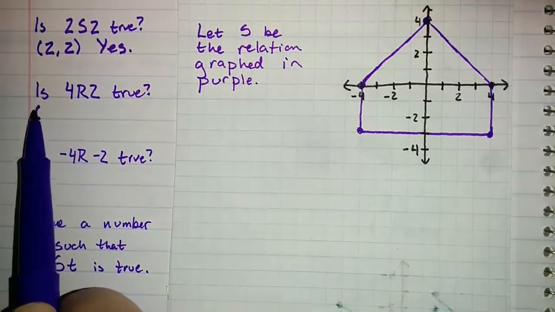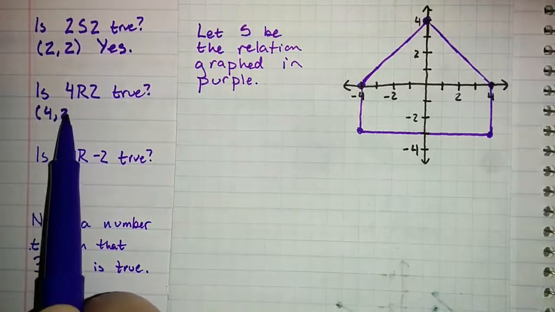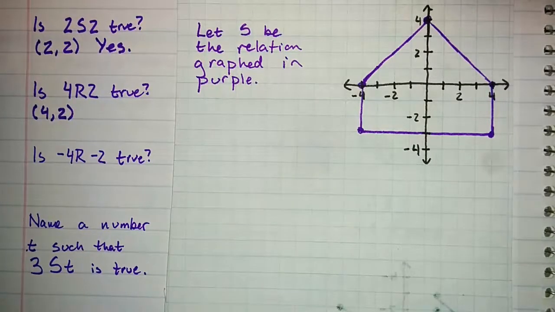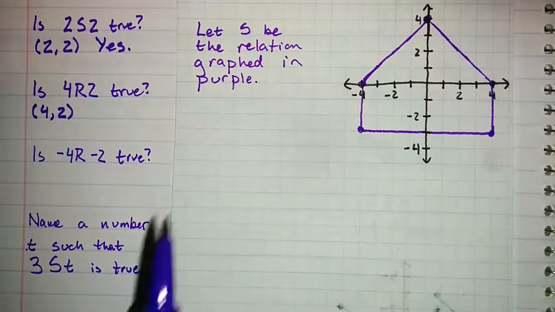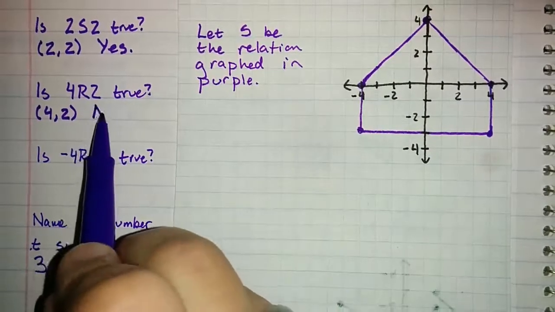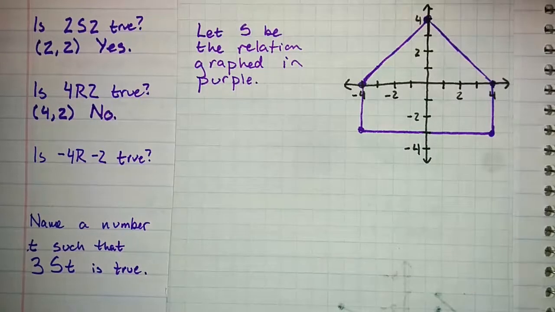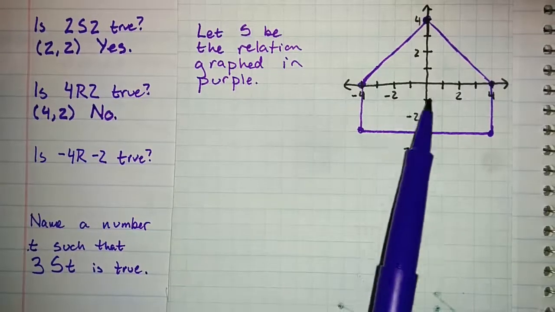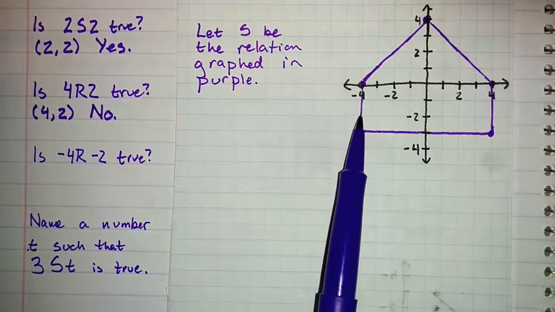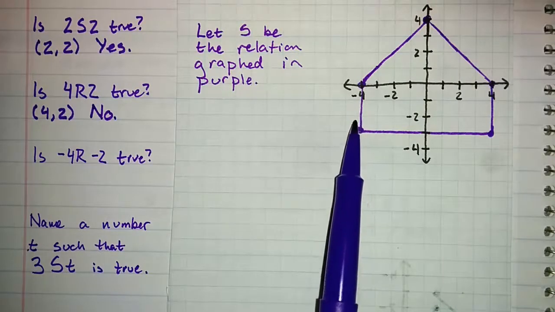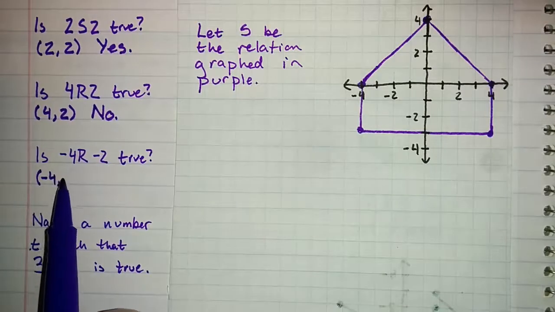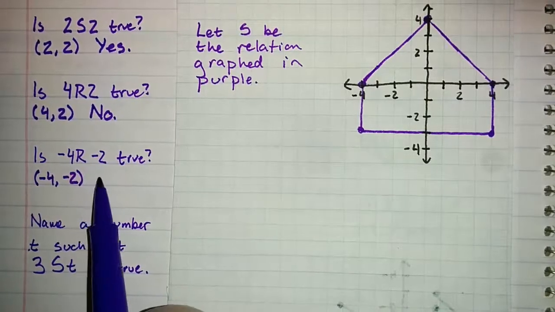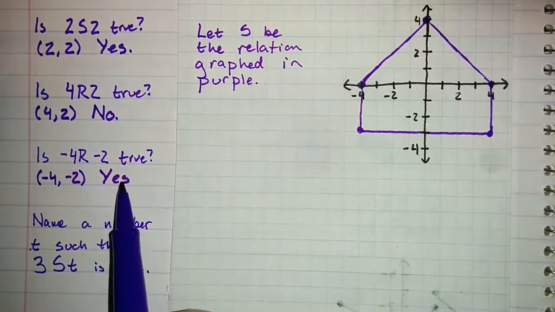That'll be true if 4, 2 is on the graph. 4, 2 is not on the graph. So, no. Is -4 R -2 true? There it is. It is marked on the graph. -4, -2 is on the graph. So yes.